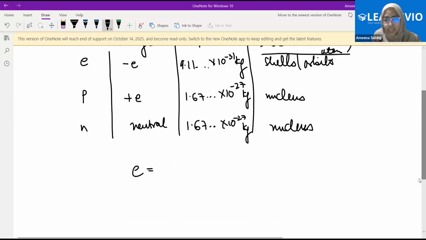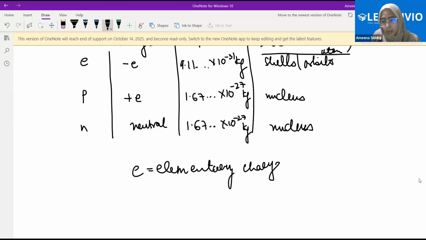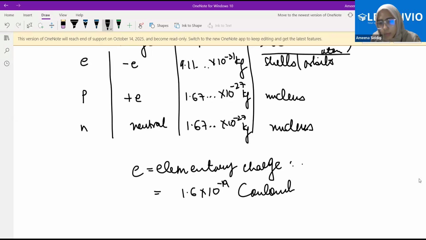So e is the elementary charge. What is its value? 1.6 into 10 raised to the minus 19 coulomb. I hope you know that the coulomb is the standard unit of charge, and here we are talking about charge.